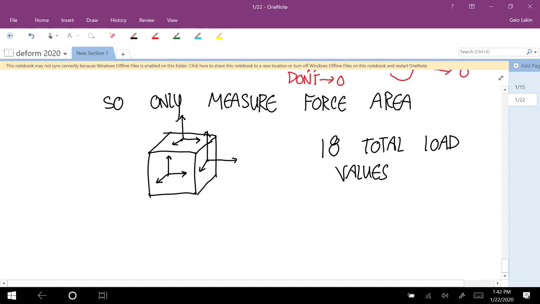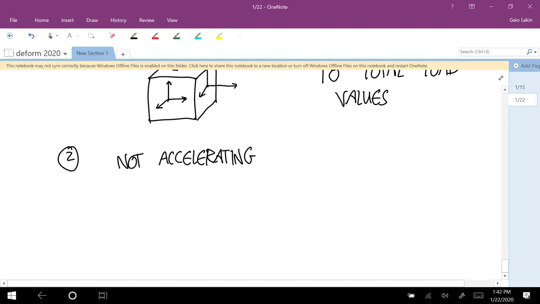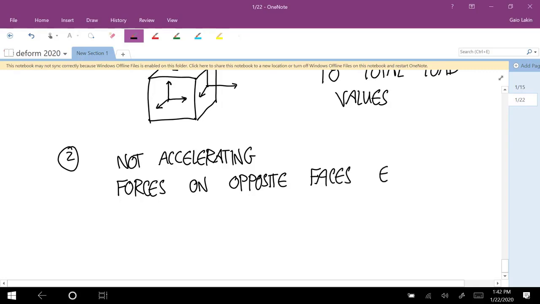Then the second step is the fact that we are requiring this point to be in force equilibrium because it's not accelerating. That requires that the forces on opposite faces have to be equal and opposite.